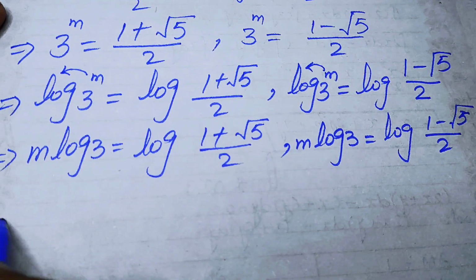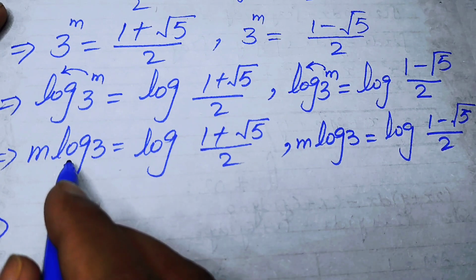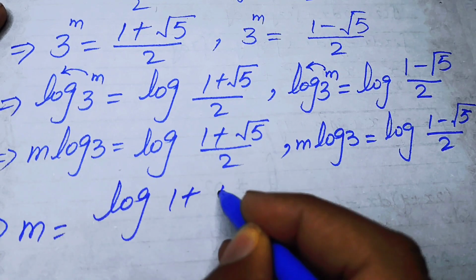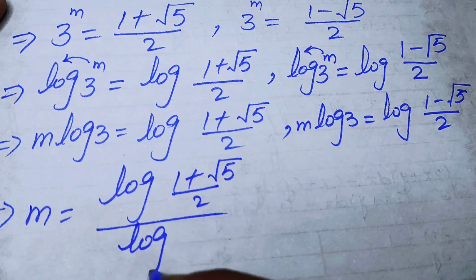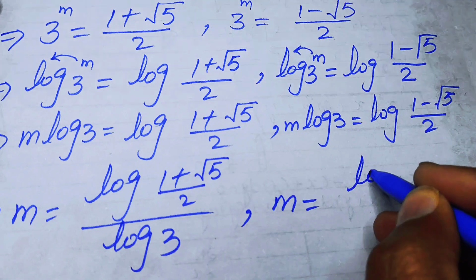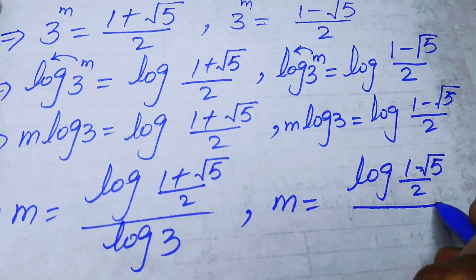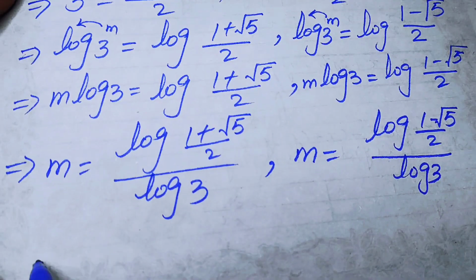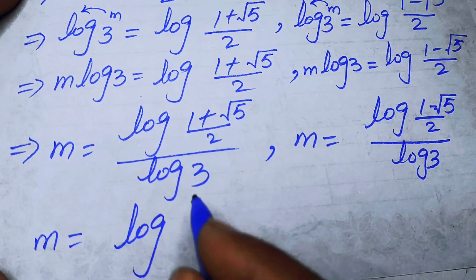And after that we will divide by log 3 on both sides, so we take this log 3 to the right hand side, and it will become log of 1 plus square root 5 over 2, and whole over log 3. And here you get m is equal to log of 1 minus square root 5 over 2, and whole over log 3.